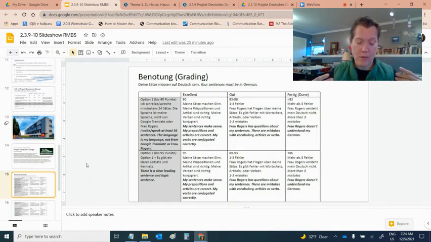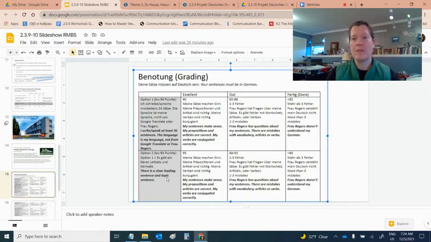So either there are a lot of pauses because you're thinking of words because you don't know them. And then the maximum credit is when you clearly know the words that you're using and what you're describing. Maybe you have to pause a little bit to think.